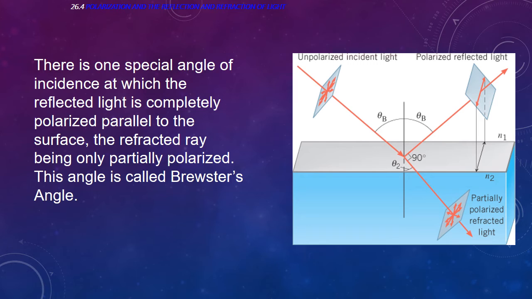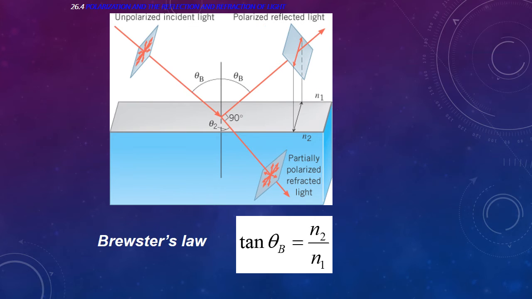Now, the reflected light will always be partially polarized. I've talked about that before, like with using polarized glasses while driving. But there's one angle where it'll be completely polarized. And I should say also partially polarizing the refracted light.